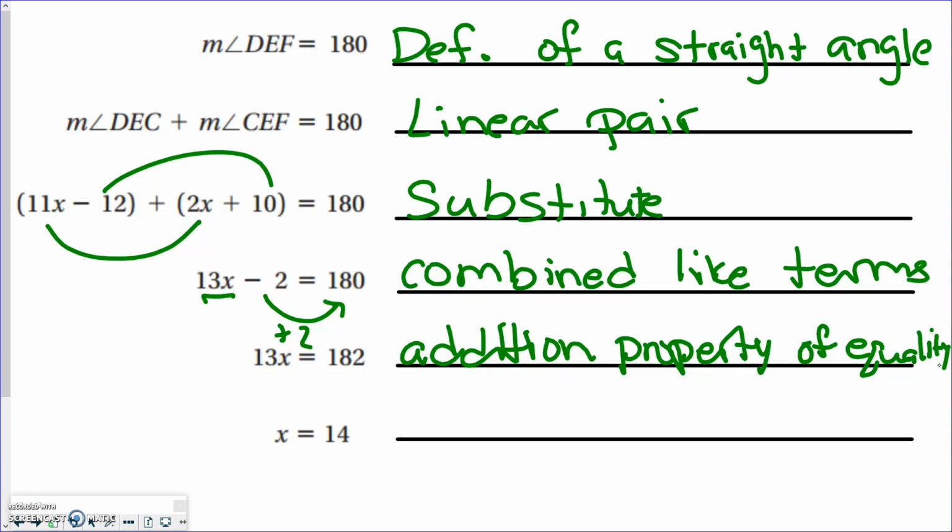We'll learn more about what that is, but more important is that they added. And lastly, how did they get to 14? They divided by 13, so we're just going to say division property. That's how you justify step by step how you can solve for x when given a linear pair.